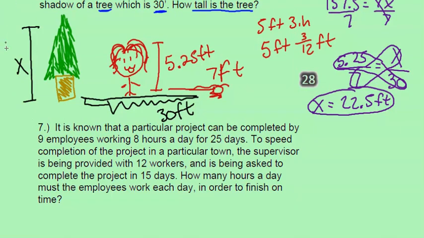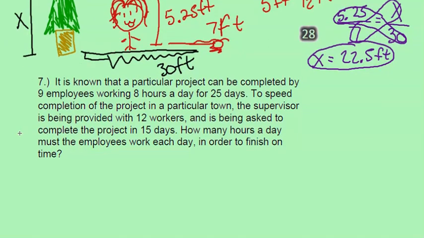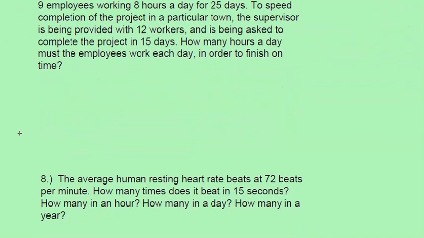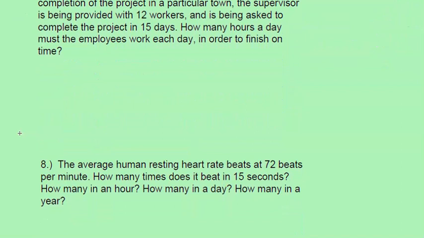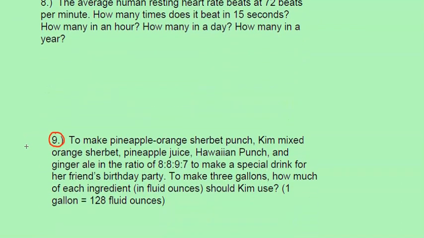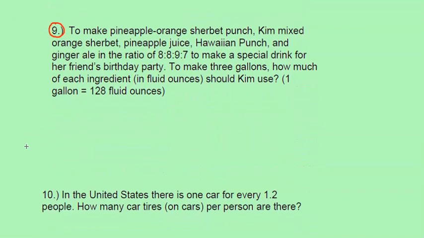Number 7 you could use as a work-related problem, like number 1 sort of. On number 8 we have another proportion. Let's look at number 9.